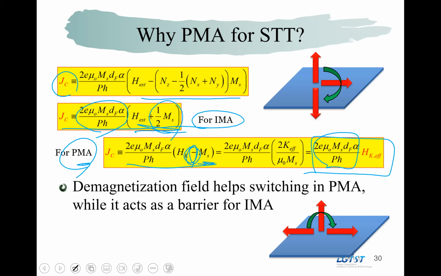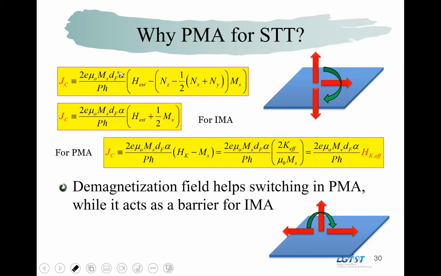Okay. And why is the STT for the PMA much easier? Look at this. For the in-plane magnetic moment, for the switching, we need to switch the magnetism to the opposite direction. And what is the possible path of the magnetic moment? From here to here, we need to change the magnetic moment, not only in the in-plane direction, but it should also make some perpendicular component.